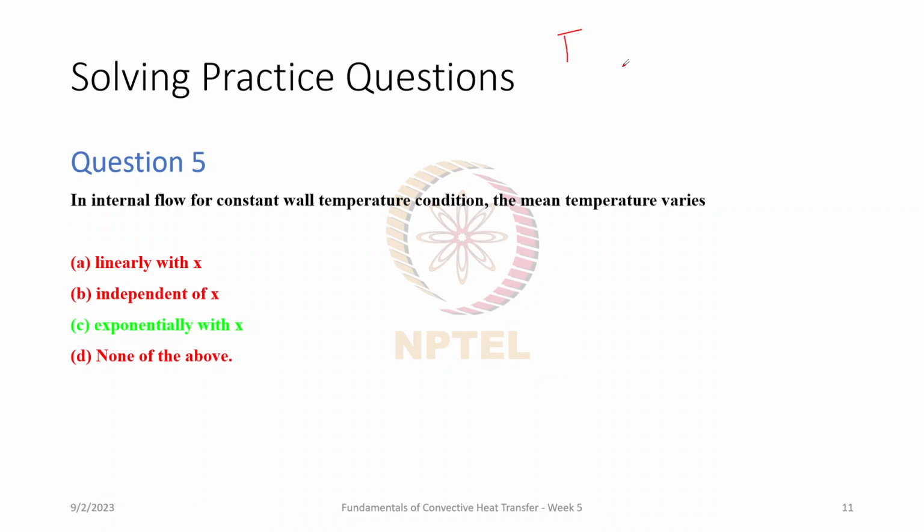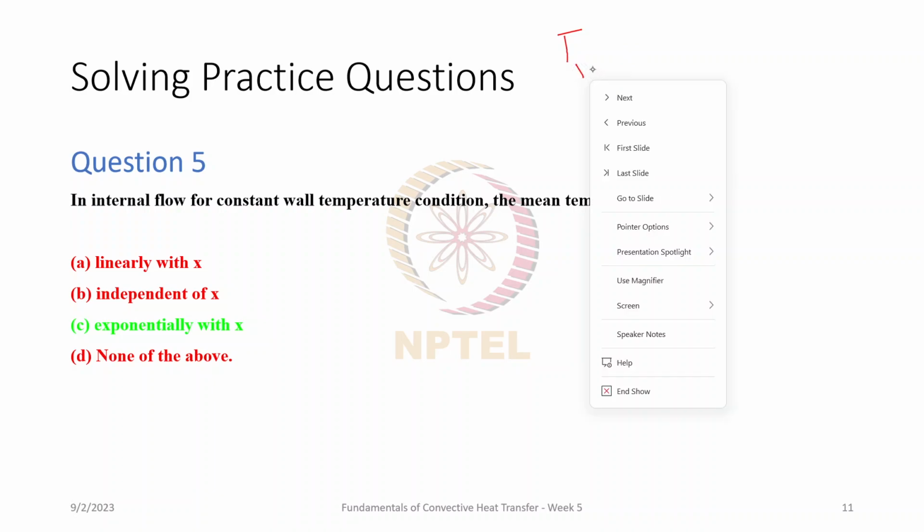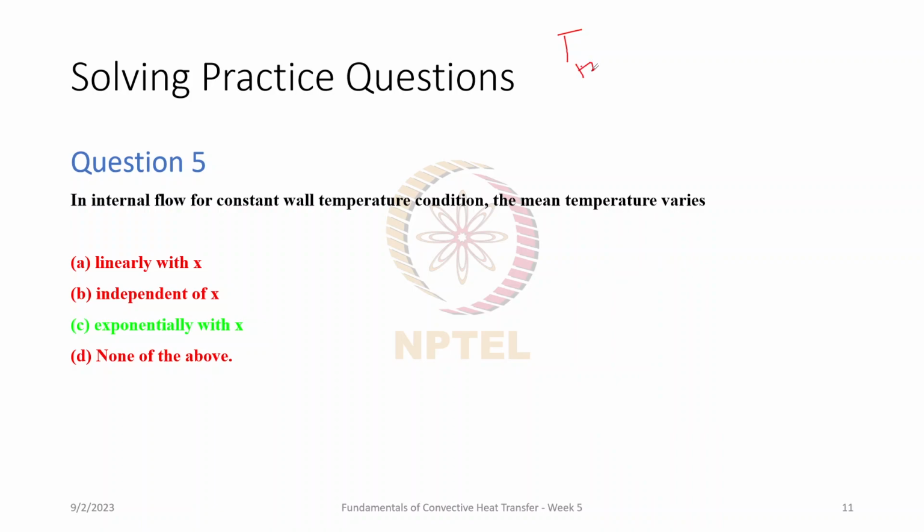So Tm of x can be written as Tw, that is the wall temperature, and it is not a function of x here because we have constant wall temperature. Then this thing plus, I'll write it down here.